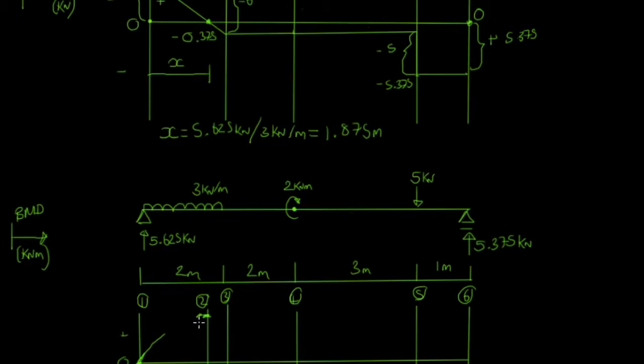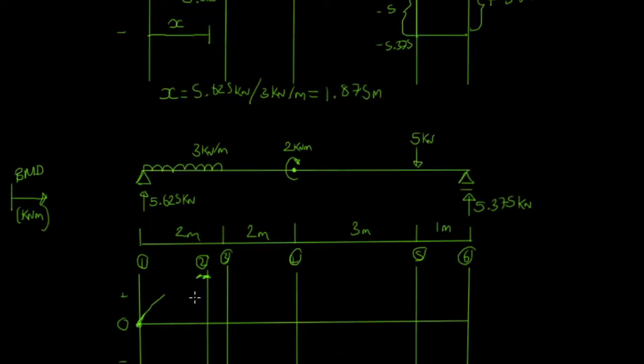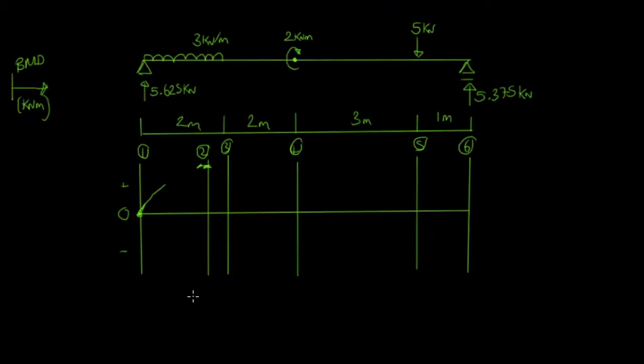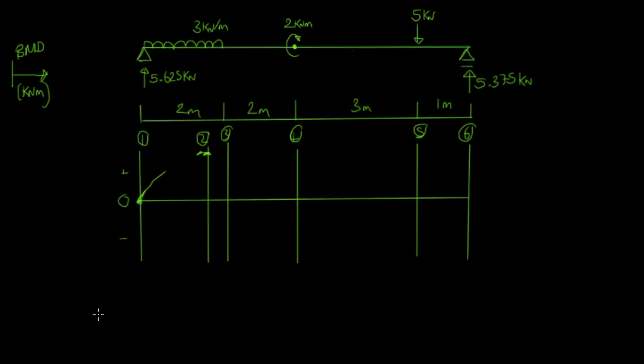So we want to find our value at point 2. So if we go down here and scroll down, just get that all set up. Okay, so if I take you down to here, we go moments at point 2. So imagine we're making a cut in the beam at point 2, and it is pinned here. So what do we have going on to the left hand side of point 2?